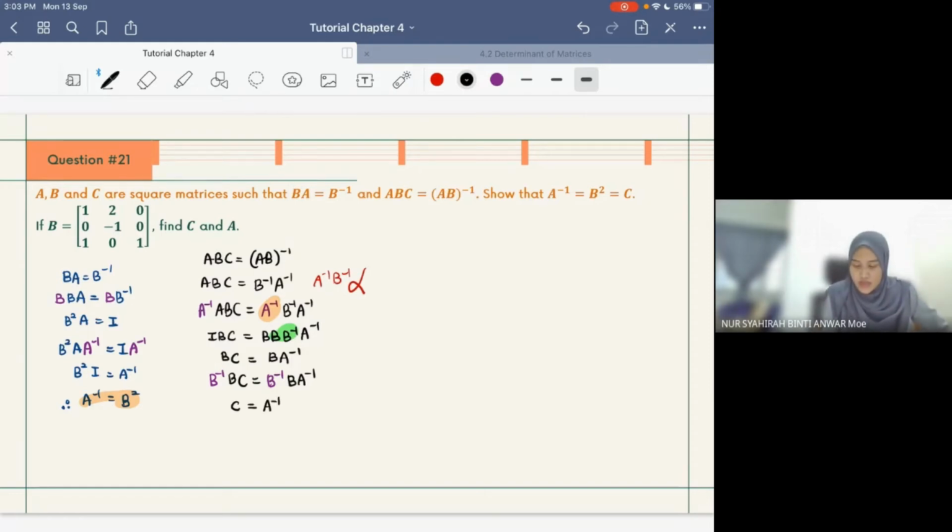Oh, so here kita dah show yang A inverse ni sama dengan C. Okay, so this will be our statement. Kan? Hence, therefore, A inverse is equals to B square and is equals to C. Dapatlah show.